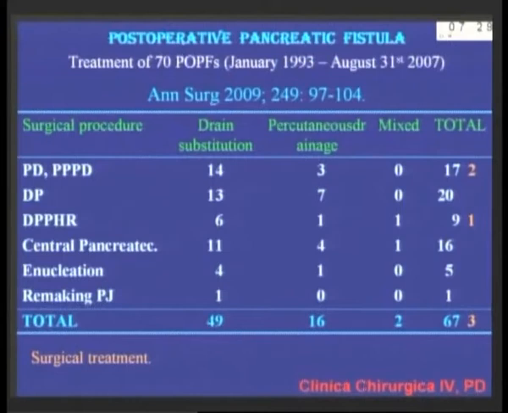49 patients underwent drain substitution. 16 patients underwent percutaneous drainage, and 2 patients underwent both percutaneous drainage and drain substitution. But you can see that only 3 patients underwent surgical treatment.